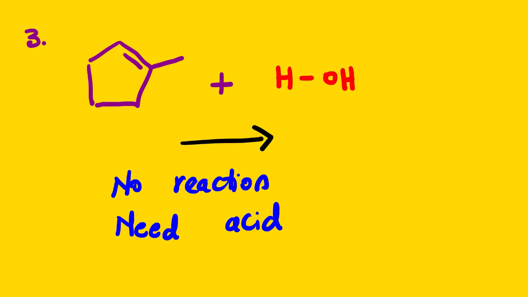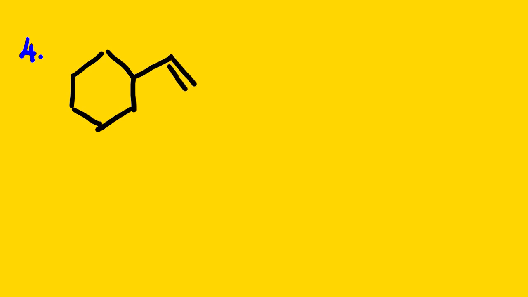So this reaction will not take place without an acid. Keep that in mind, especially when you're dealing with multiple choice questions. You might find that you are given a reaction without an acid. When you look at the reaction, it has the properties of hydration, but there's no acid. You should know that there's no reaction that will take place.